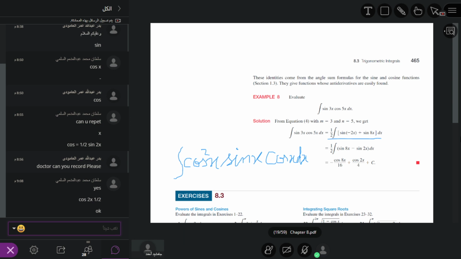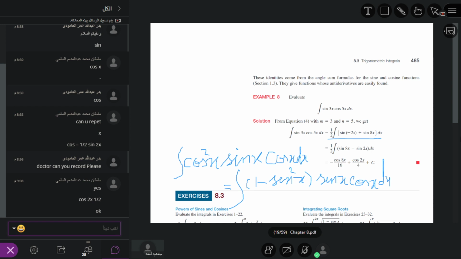Now we convert cosine square x into 1 minus sine square x, so we get 1 minus sine square x, times sine x, times cosine x dx. How can we solve this? By the substitution method. We put u equal to sine x.